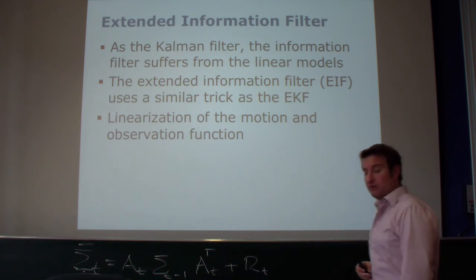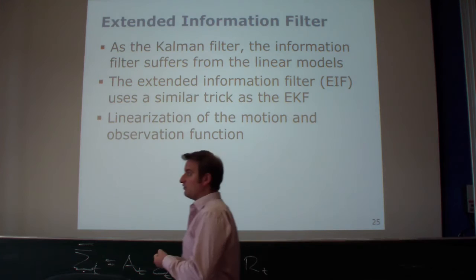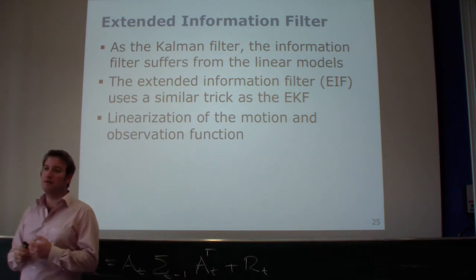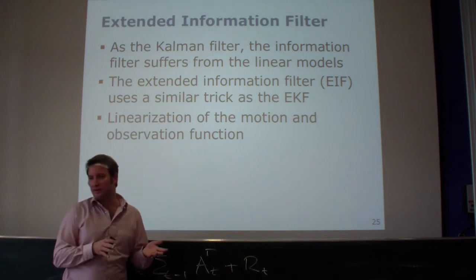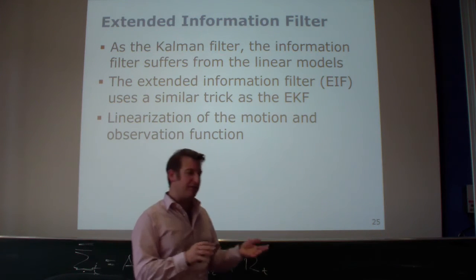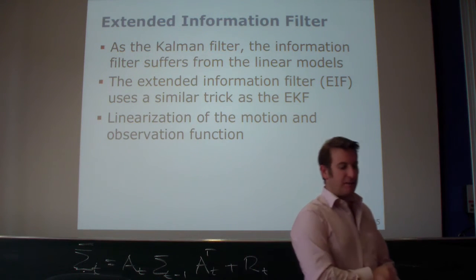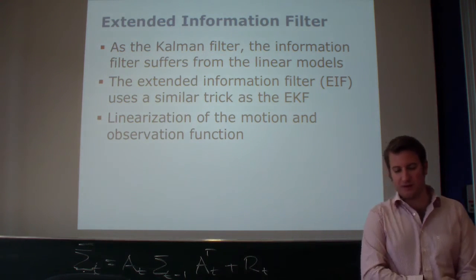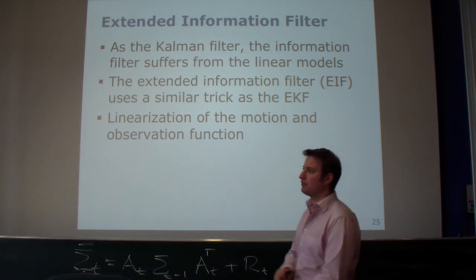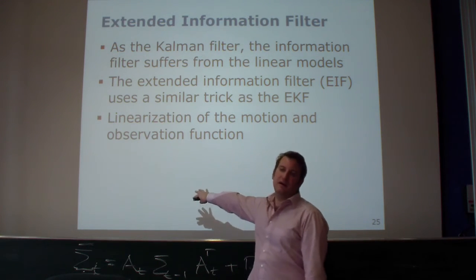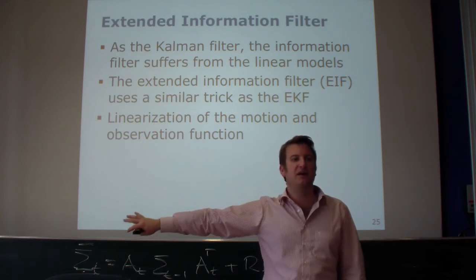Okay, so we can argue that it depends on what we need. The information filter may be better, or the extended Kalman filter may be better, or the Kalman filter may be better. And especially we'll see in the context of the simultaneous localization and mapping problem, if I apply the vanilla extended information filter, I don't gain anything.